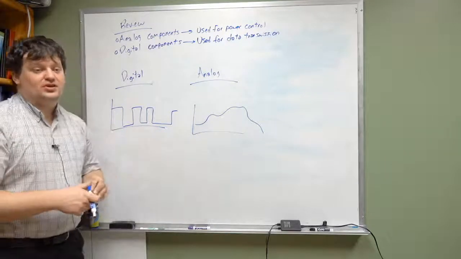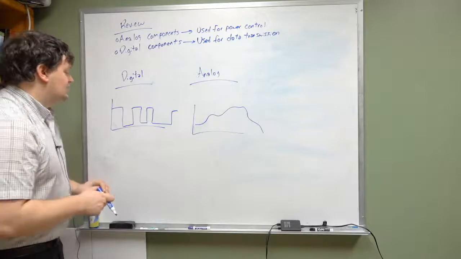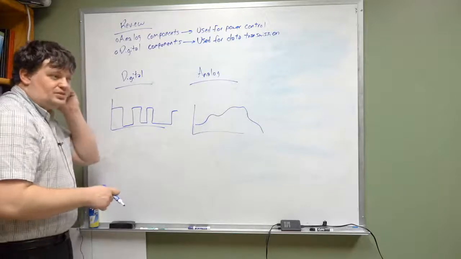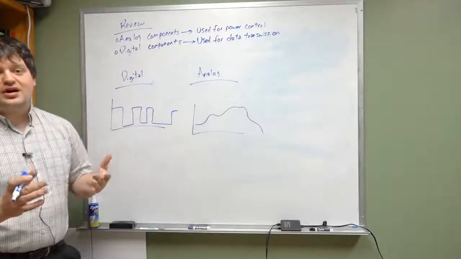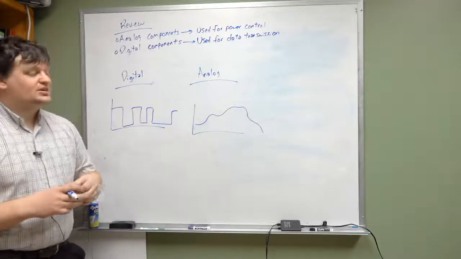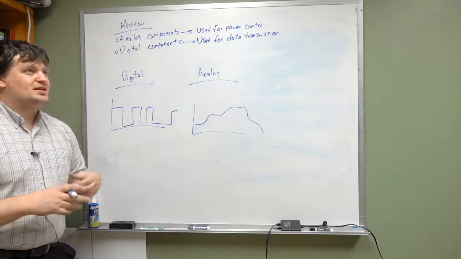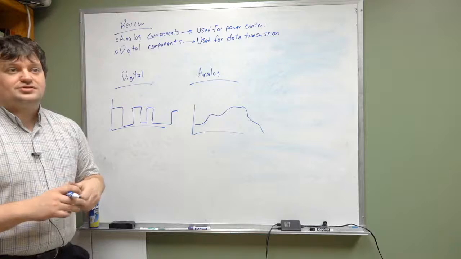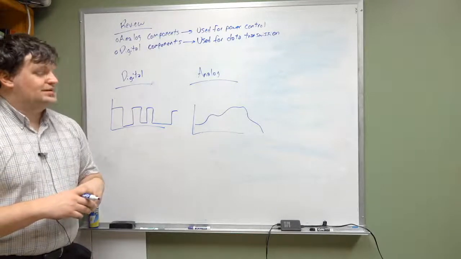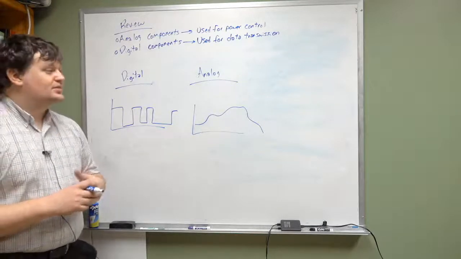It's peaks of ons and offs. So this could be microcontrollers, AND or NOT gates using Boolean logic. Transistors are also digital components, so they fit in both categories.